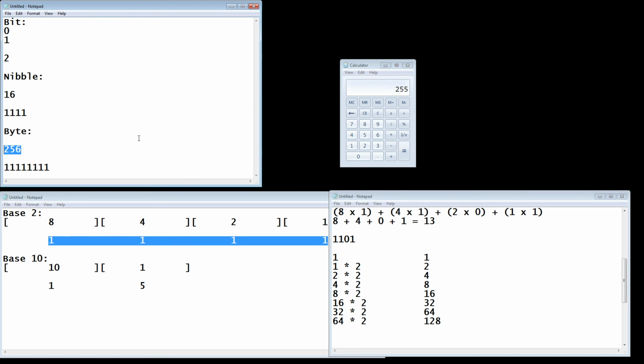So here we've gone over some basics for binary, and I don't know if I will do the next lessons. The next lessons are going to be a little bit more advanced, more going into programming.